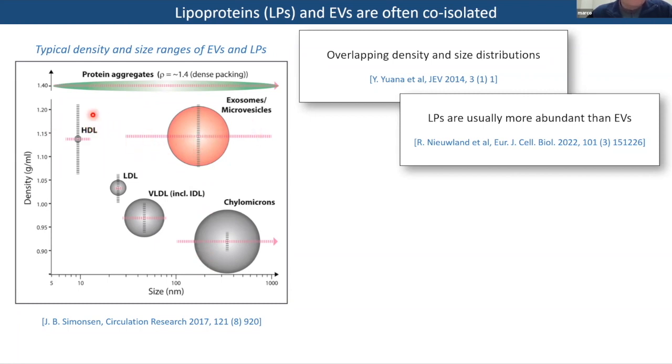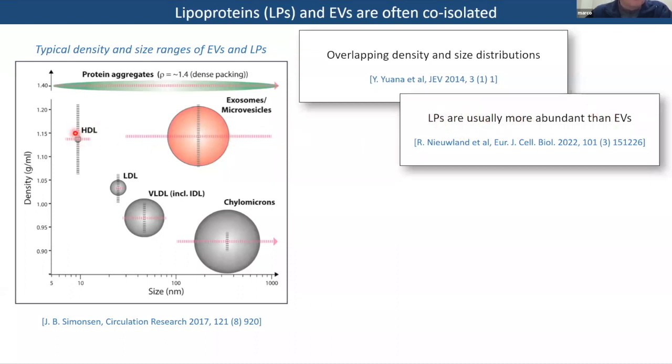So enrichment methods based on only one of the two, and very often even both of them, fail in isolating EVs totally from them, okay? This is compounded by the fact that, especially in blood, LPs are way more abundant than EVs.